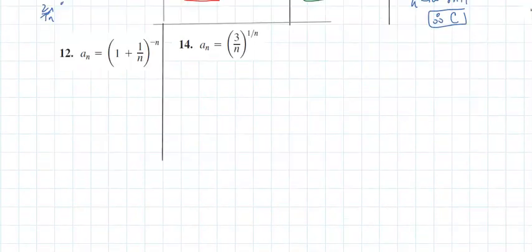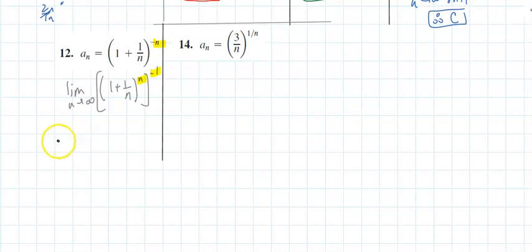Next problem up, I want to look at number 12. On 12, I'm taking the limit as n approaches infinity, and we did this too many times by now. I really want to take that to the n, so if I raise that to the negative 1 power, when you multiply those powers, you get negative n. So this is the limit as n approaches infinity of 1 plus 1 over n to the n, all raised to the negative 1.